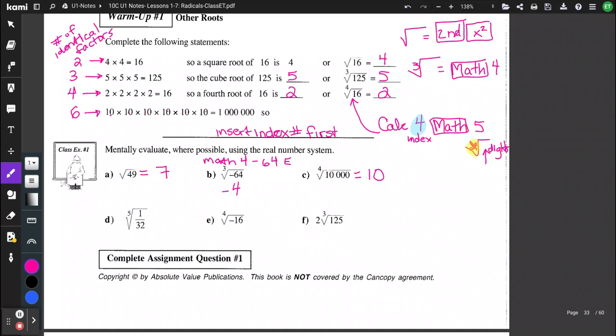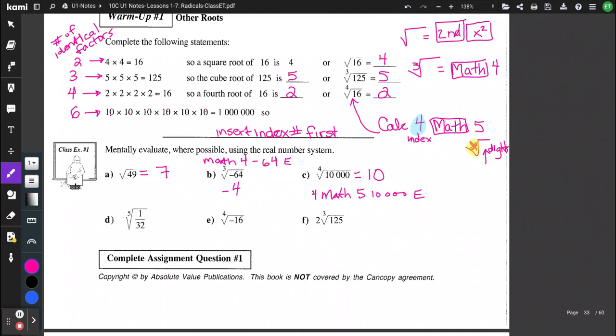What you would type in is 4, math, 5, 10,000, enter. And you'll get 10. Practice typing those numbers on your calculator, please.